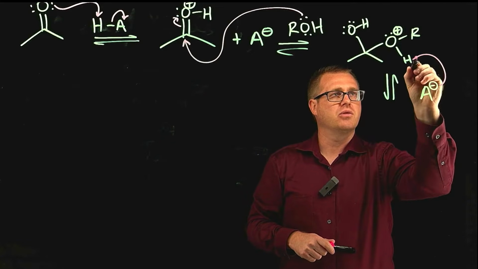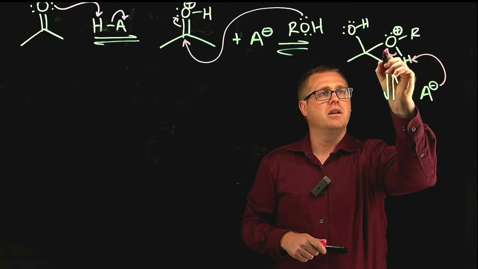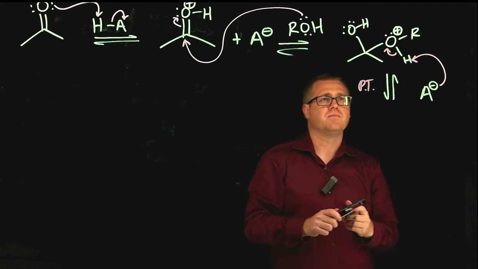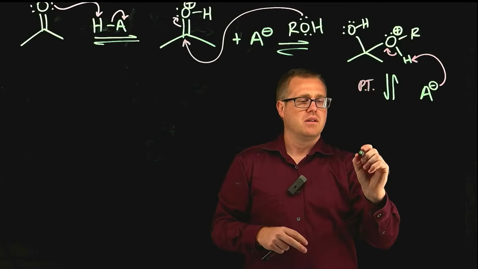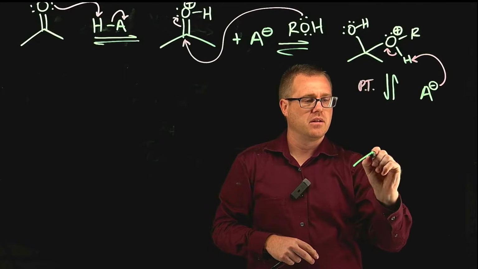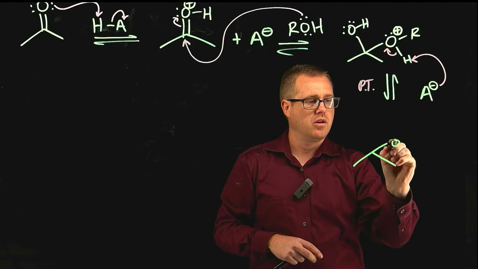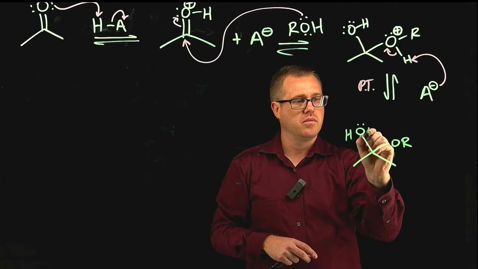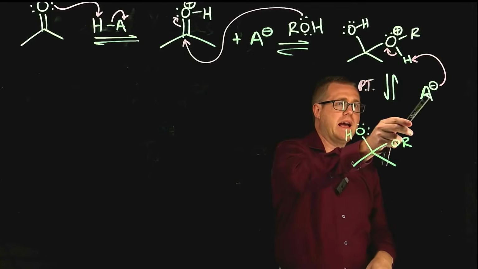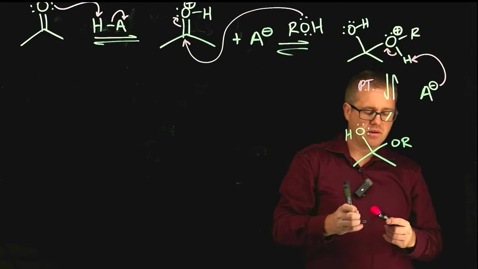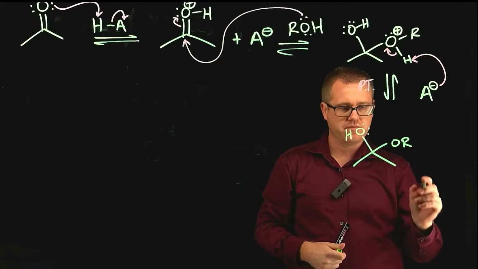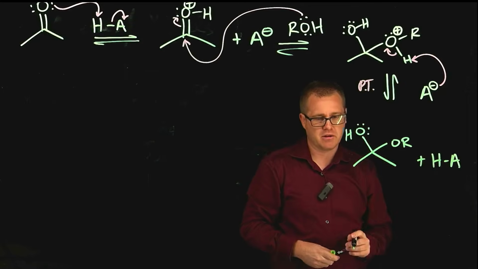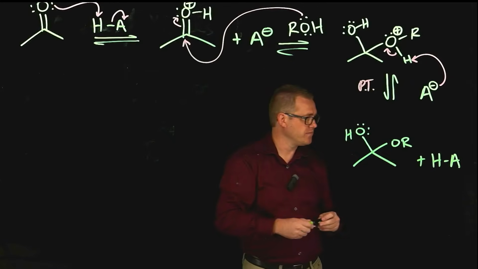So I'm going to use it to grab and do a proton transfer step. And so that's going to give us OR, OH. Now, when that conjugate base grabs the proton, what did it also generate? Plus HA. It generated our acid back.